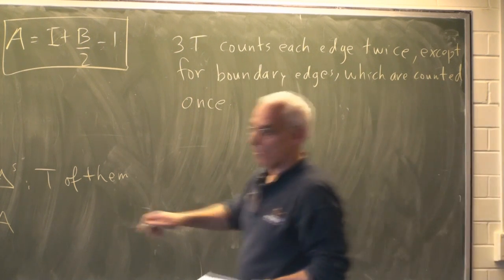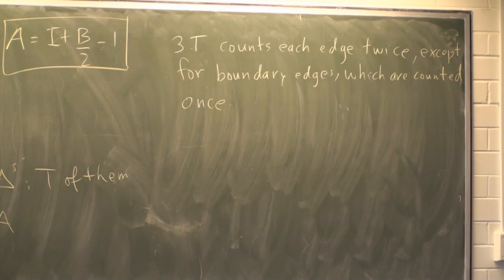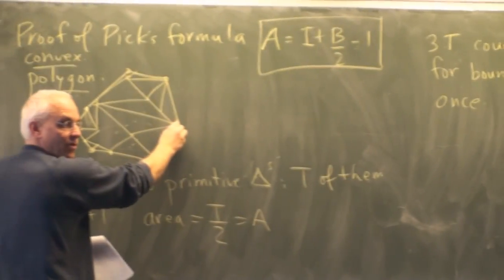Now the number of edges on the boundary, if you just walk along the boundary and count edges, so there's one edge, there's another edge.